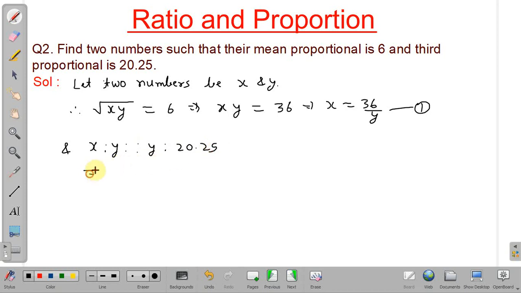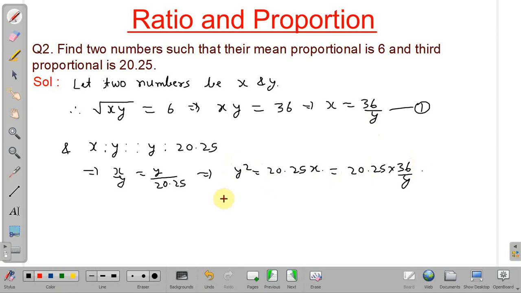So from here we will get x by y equal to y by 20.25, or y square equal to 20.25x, and using 1 we can substitute x. So 20.25 into 36 by y. After cross multiplication we will get y cube equal to 729, which is nothing but 9 cube.